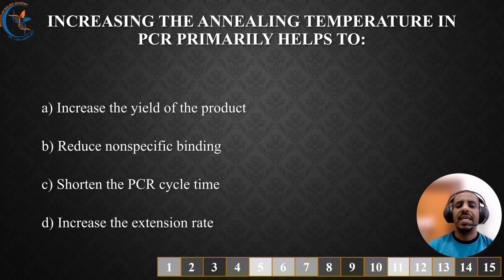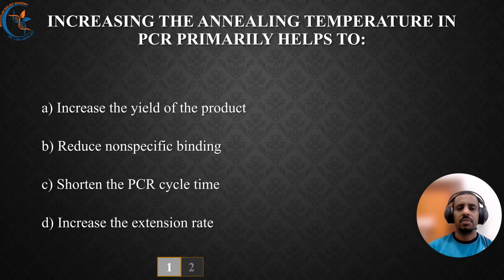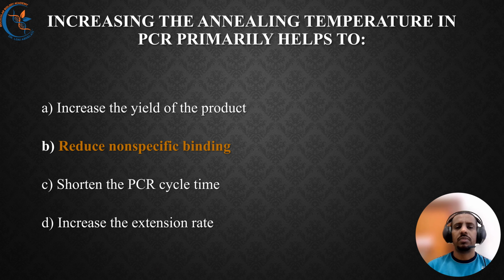Okay, next question. Increasing the annealing temperature in a PCR primarily helps to... The correct answer is reduce non-specific binding. Actually, higher annealing temperatures reduce non-specific binding by ensuring that primers bind more specifically to the target sequence.